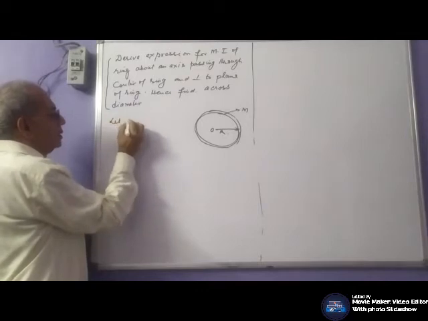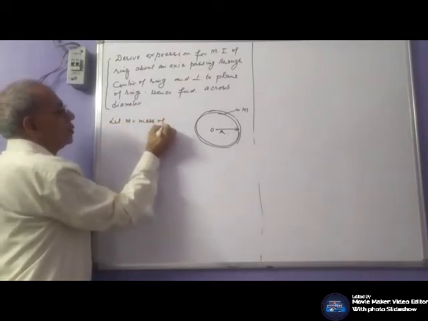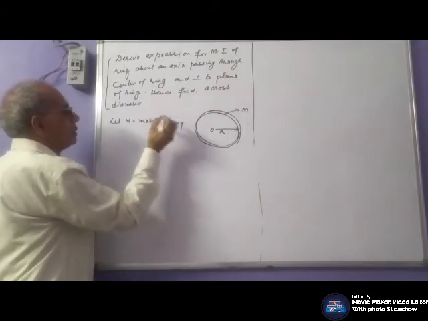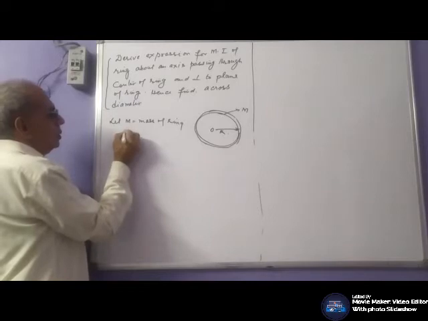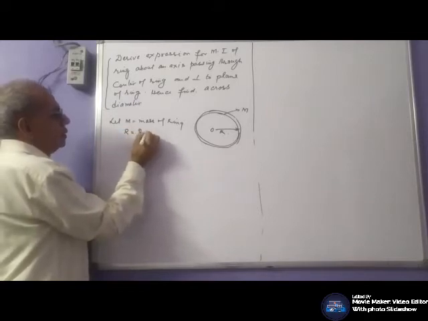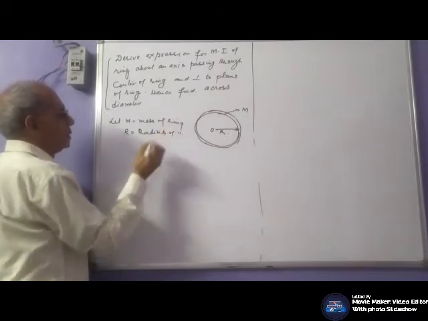Let capital M be the mass of the ring and R the radius of the ring.